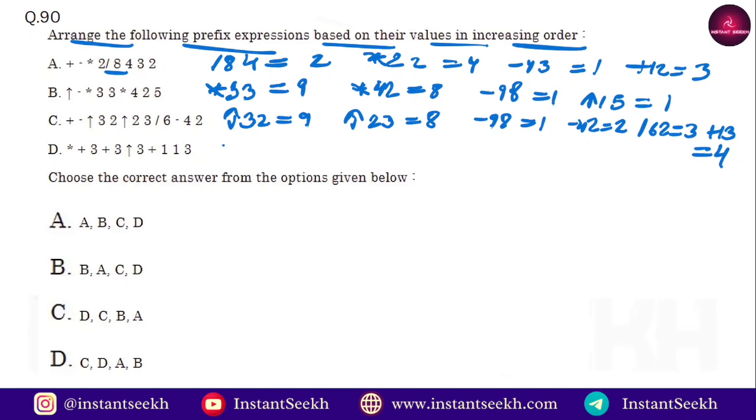So first we will do what? Evaluate the operations plus 3 plus 3. Okay, first we will do this. Okay, and plus plus 2 3, this 1 plus 1 becomes 2. Okay, so this will go like this, 3 2 3.